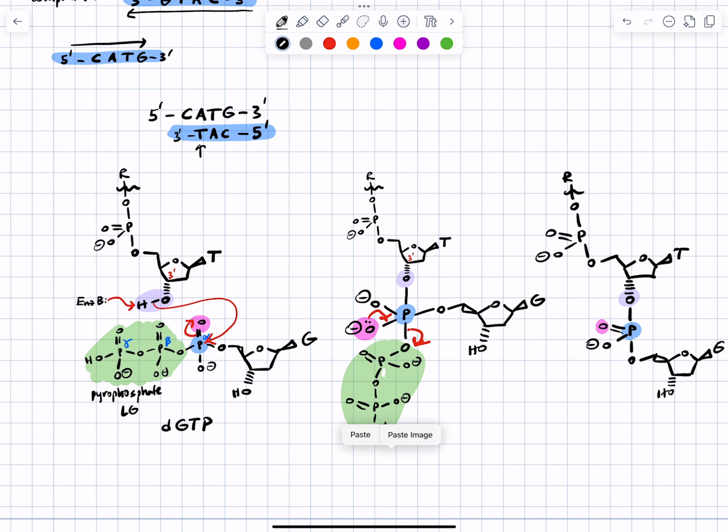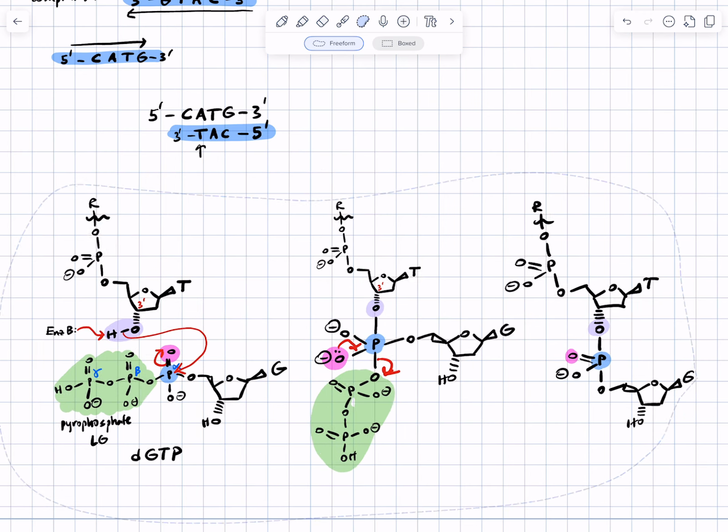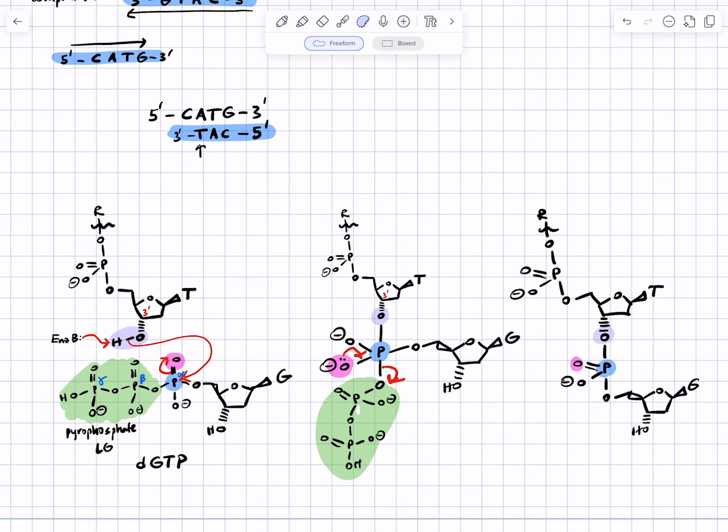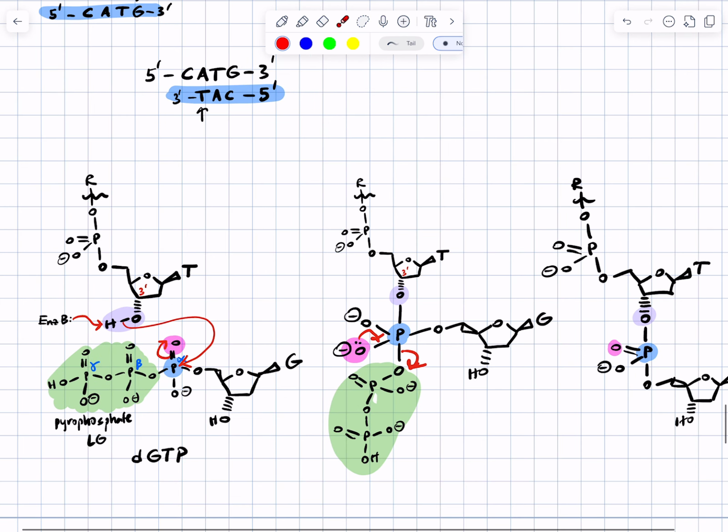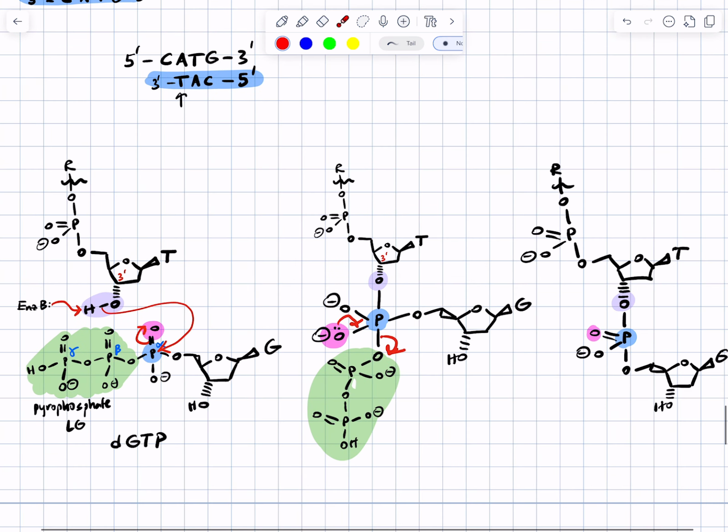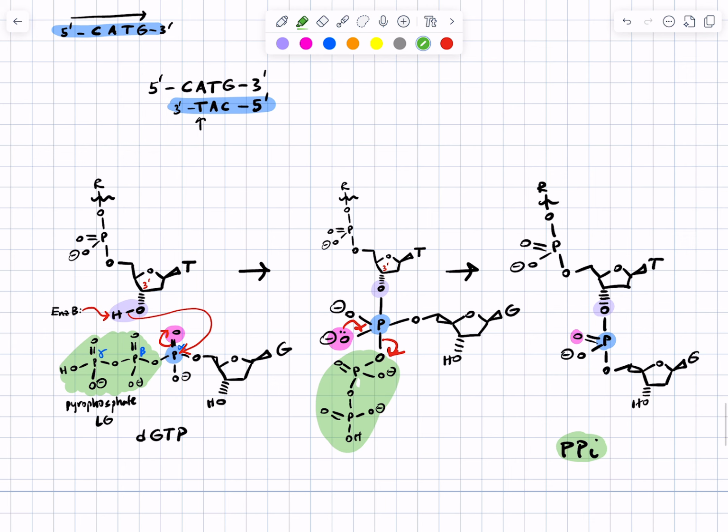So that overall is how we're going to do DNA synthesis. The energy required to make the phosphodiester bond is going to be paid for by liberation of a really good leaving group, which is called pyrophosphate, which I'm going to abbreviate as PPi, and later that gets hydrolyzed to two phosphate groups, making the overall reaction quite downhill.